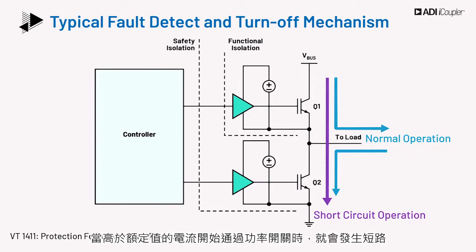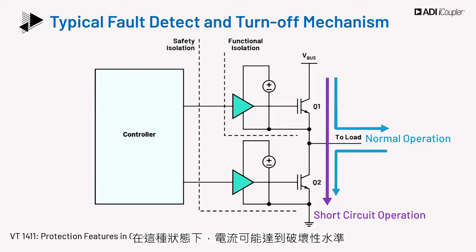A short circuit occurs when a current higher than the rated value starts passing through the power switch. In this state, current may reach a damaging level. Short circuits can occur due to detachment of wires. IGBTs and SiC MOSFETs have a limited capability to withstand current based on their thermal capacity.